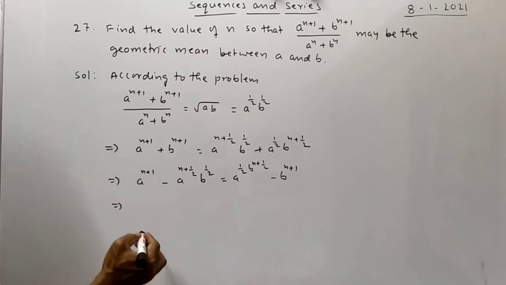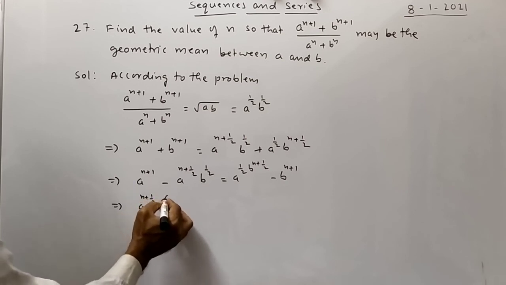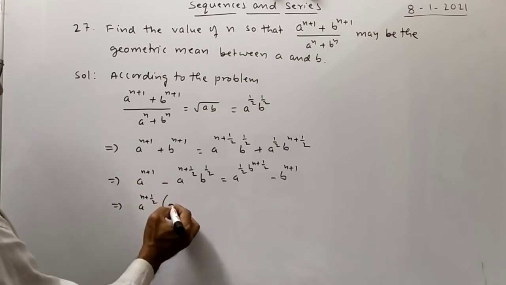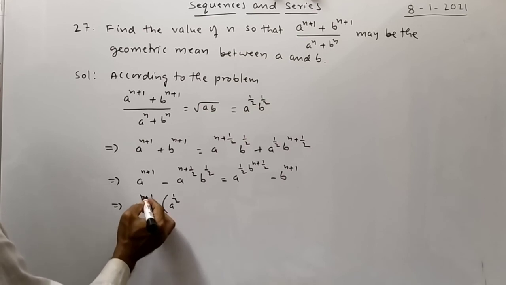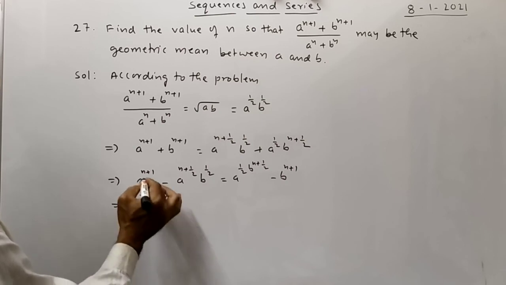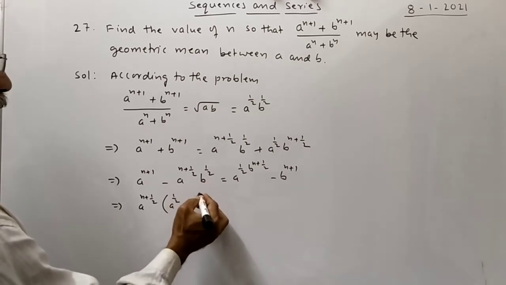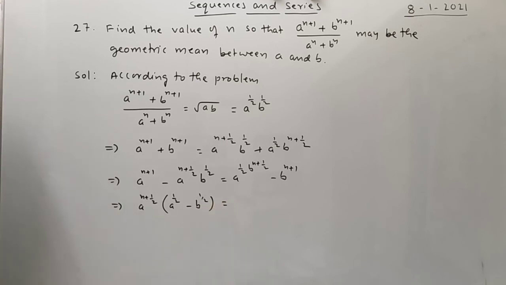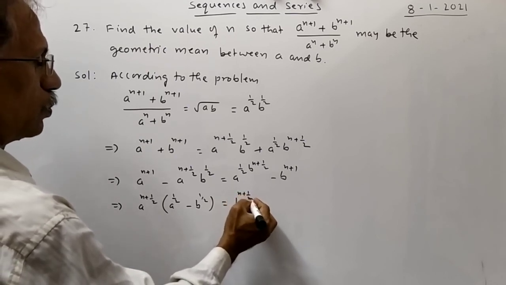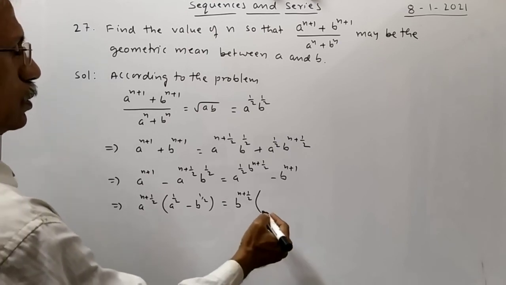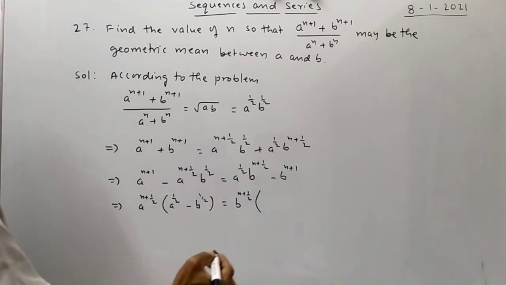This implies if you take a raised to the power n plus 1 by 2 common, then you will get a raised to the power 1 by 2, because a raised to the power n plus 1 by 2 plus 1 by 2 is nothing but a raised to the power n plus 1, minus b raised to the power 1 by 2 is equal to, let us take b raised to the power n plus 1 by 2 common, this we can write as b raised to the power n plus 1 by 2.